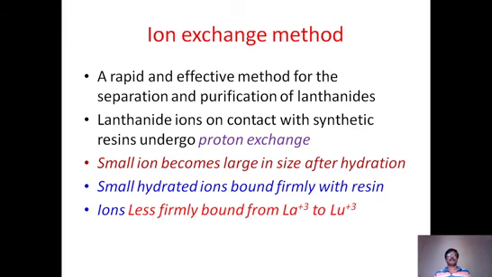What does ion exchange mean? Here we take acids in resins, and when lanthanide ions, for example lanthanum plus 3, go to that resin, they exchange with the proton of the acid and take its position. These lanthanide plus 3 ions get substituted in place of hydrogen, that is, the proton.